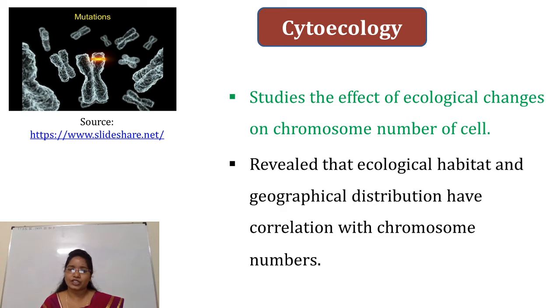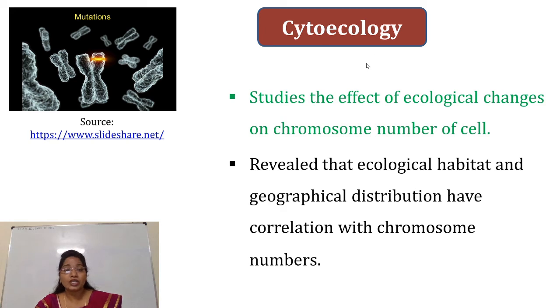So, the next branch is cytoecology. In this branch, one can study the effect of ecological changes on the chromosome number of a cell. Sometimes due to ecological changes, certain types of mutations may occur in the chromosomes.